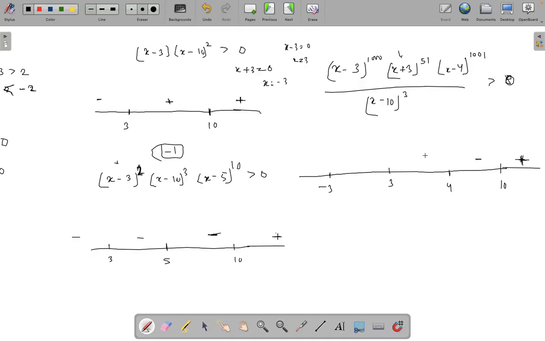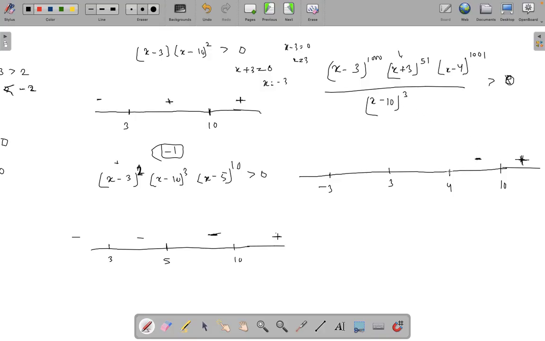So if it's less than 4, it will be negative again. No, it will not be negative. See, we started with 10, right? Beyond 10, you know it is positive. Less than 10, you have to look at the power of 10. It is odd, so it changes sign.